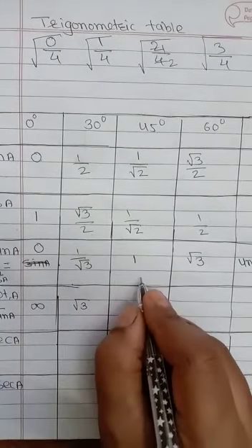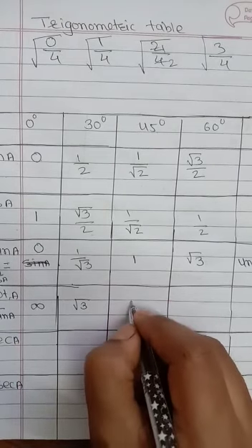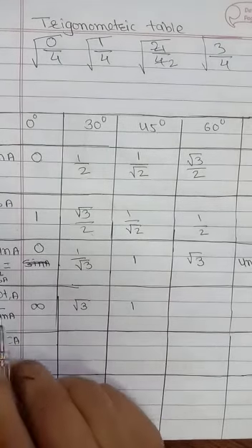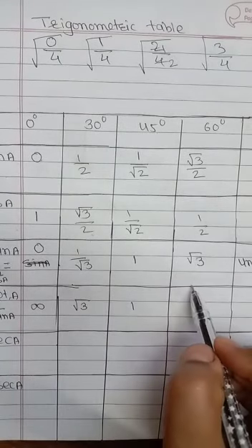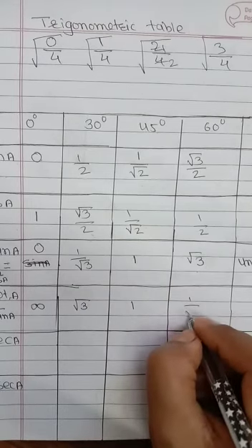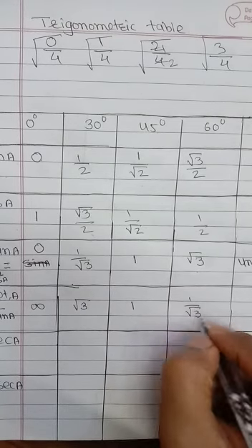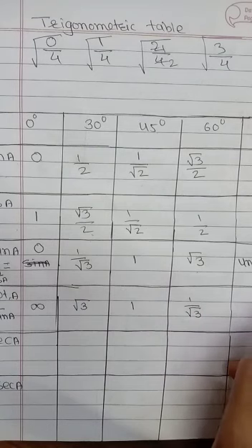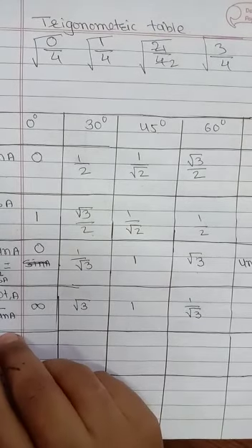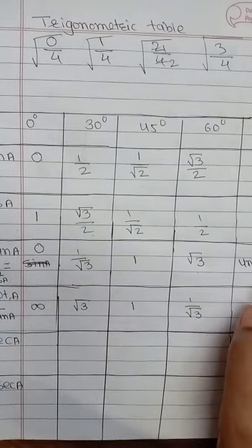Similarly for 45 degree, the reciprocal of 1 is 1, hence cot of 45 is also 1. Again find the reciprocal of under root 3, it is 1 upon under root 3, that gives the value of cot of 60 degree. Now similarly find cot for 90 degree, it is the reciprocal of infinity.